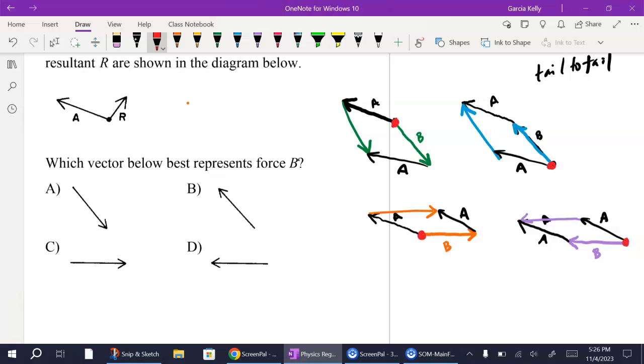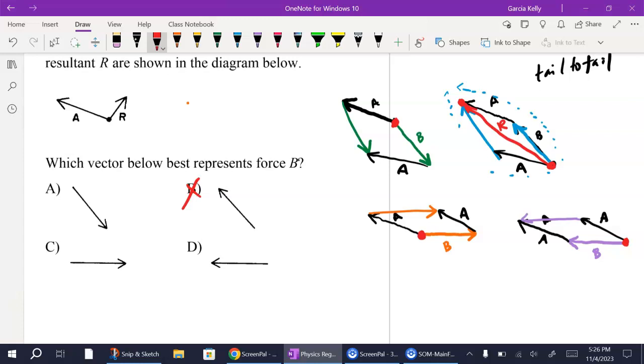Here's tail to tail. Now, if I wanted to walk along this path, for example, I could walk this way and then that way, end up right there. I could walk this way, then that way, end up right there. So this is my end. So this is the resultant like that. Okay, that one's too long, so it's not that one.